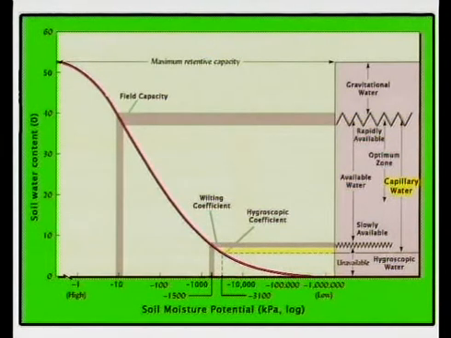Water held beneath the hygroscopic coefficient, for all practical purposes, is not removable, is not usable by plants certainly. So this hygroscopic water is really of no practical significance to us, other than the fact that it is there, that we don't actually remove all of the water from the soil particles.